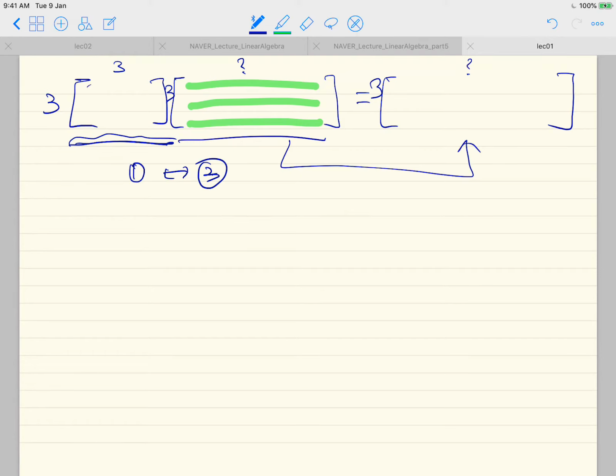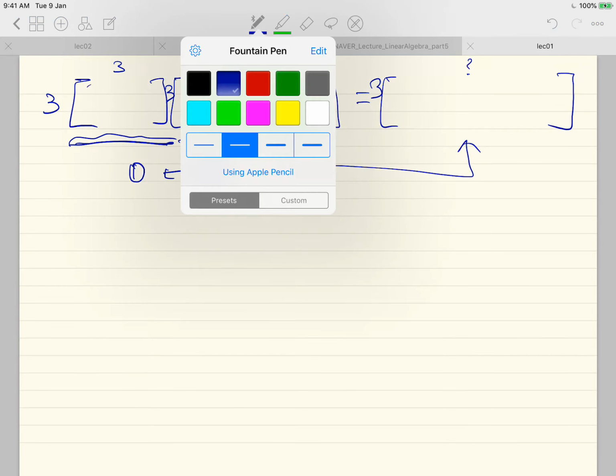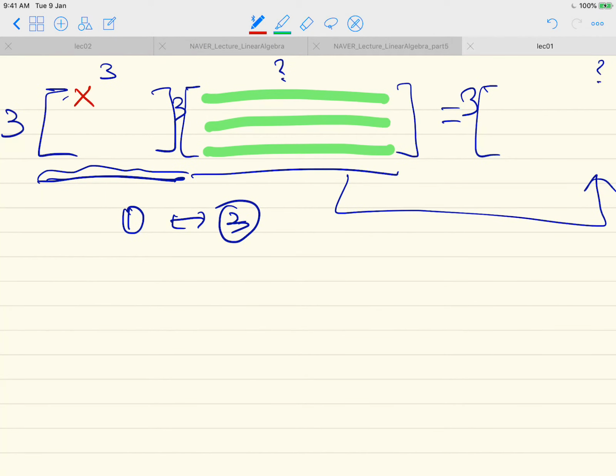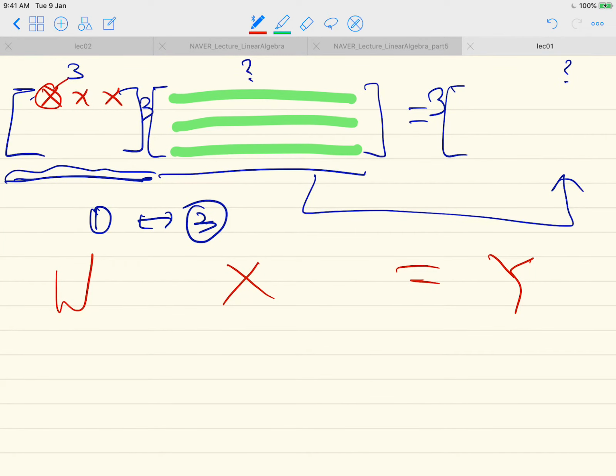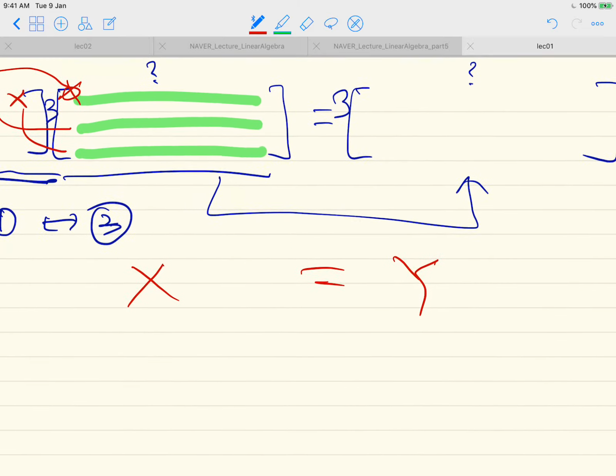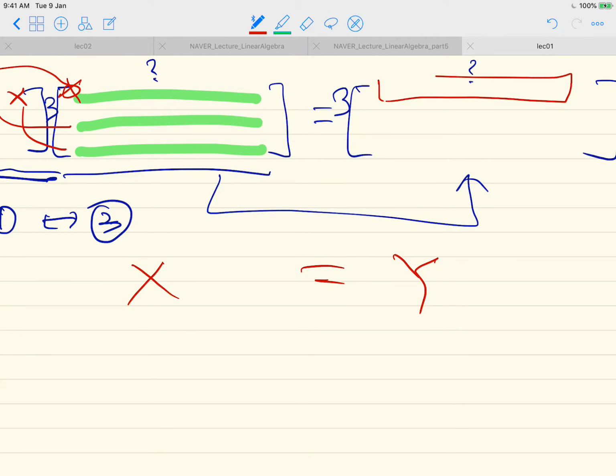Now we apply the matrix multiplication perspective as a row combination. Let's think of these 3 numbers first, for the first row in the matrix W, in WX equals Y. This row works as the linear combination coefficients corresponding to the 3 rows of the right matrix. We linearly combine these 3 rows, and that produces the first row.